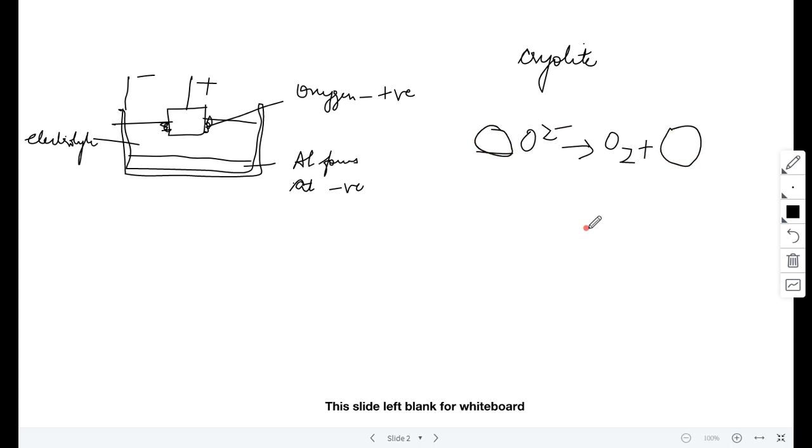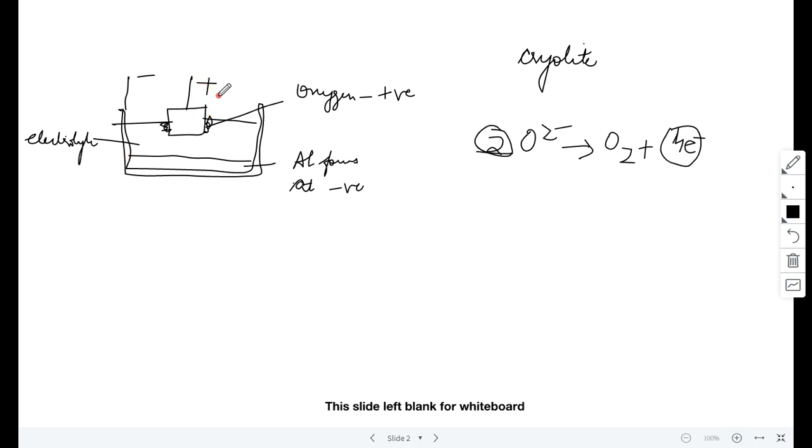So it's 2O2-, and here what will come? Is it 4e-? Excellent. I'm so glad that you have not made any mistake till now.